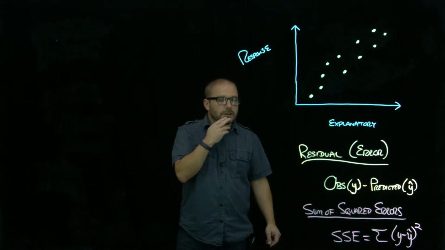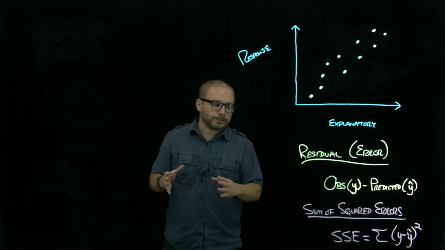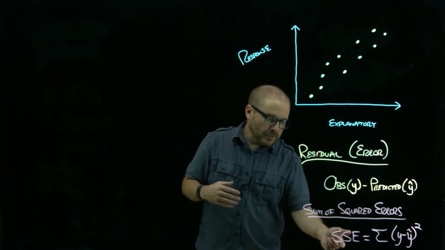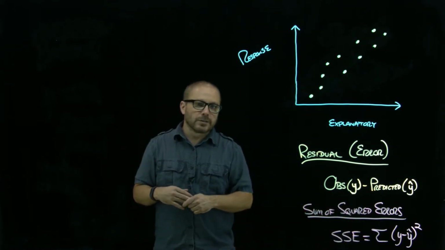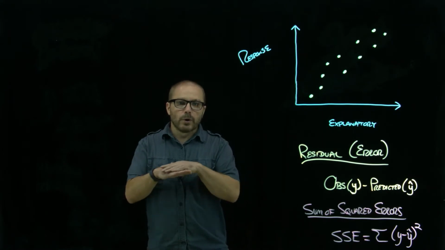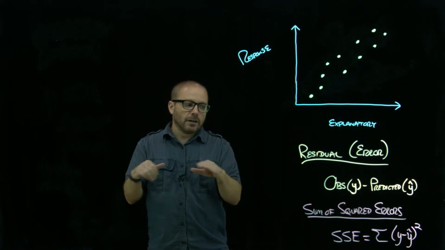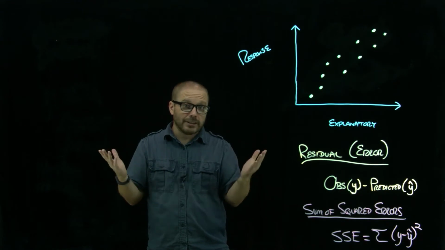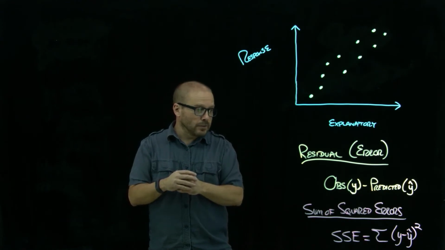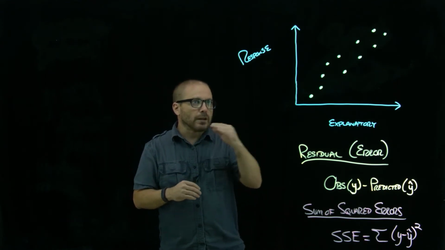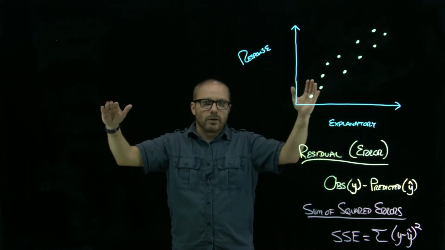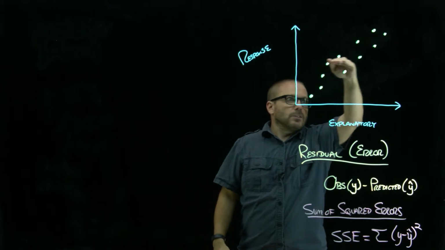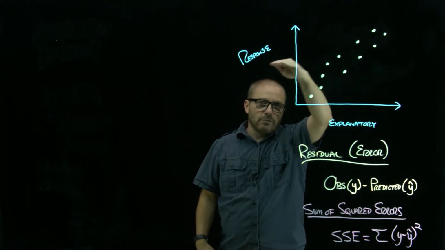And what we could do is compare, for our best fit line, how our SSE compares to some sort of perfectly bad fit, I guess, as a comparison. So think about it this way. If the explanatory and response had no connection whatsoever, the worst case would be that the best fit line would just have no slope.